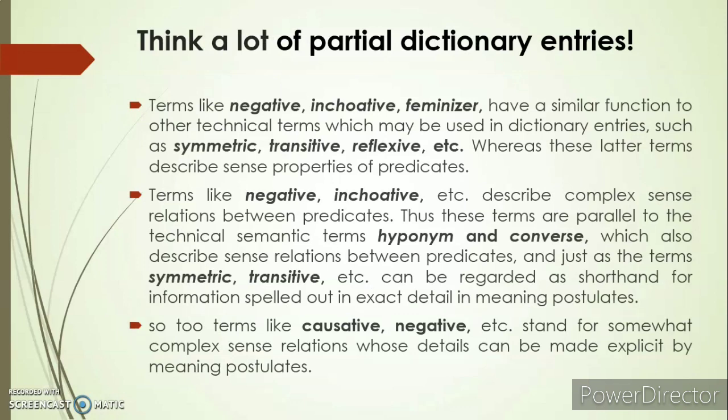Let's look at the partial dictionary entries. Terms like negative, inchoative, and feminizer have a similar function to the other technical terms which may be used in dictionary entries, such as symmetric, transitive, reflexive, etc. Whereas these latter terms describe sense properties of predicates, terms like negative, inchoative, etc. describe complex sense relations between predicates.